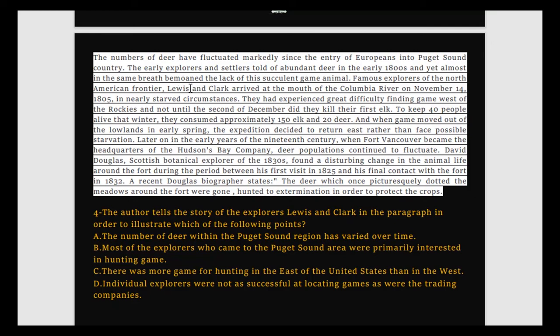Famous explorers of the North American frontier, Lewis and Clark, arrived at the mouth of the Columbia River on November 14, 1805, in nearly starved circumstances.